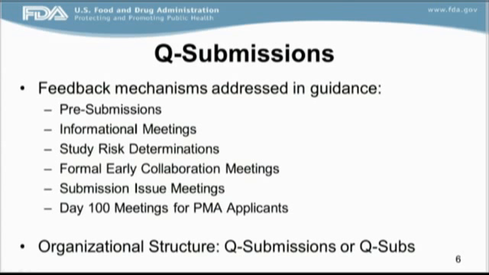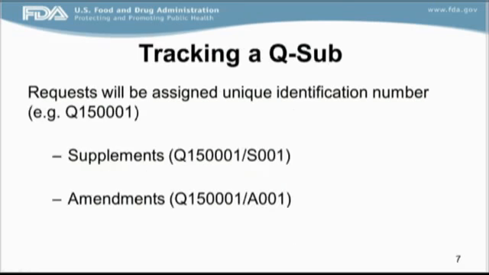FDA has established one organizational structure to track the feedback mechanisms addressed in the guidance, which are referred to as Q submissions or Q subs. Per the guidance, the feedback requests listed on the previous slide fall within the same Q sub organizational structure for tracking purposes. These types of requests for feedback will be assigned a unique identification number starting with the letter Q, followed by the 2-digit year and 4 digits representing the order in which the request was received during that calendar year.